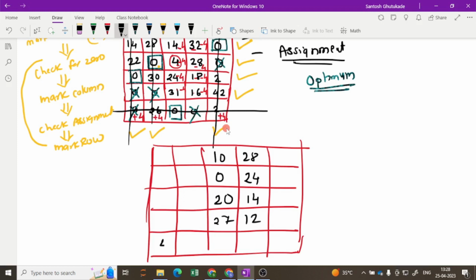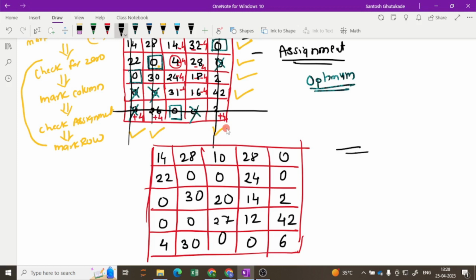Here 0 plus 4 will be 4, 26 plus 4 is 30, and here 2 plus 4 is 6, and all the remaining values we will write as they are. So here there is a 14, then 22, then 0, then 0, again 28, 0, 30, 0. Similarly here it is 0, here it is 0. You can see the previous matrix and write all the values as they are.